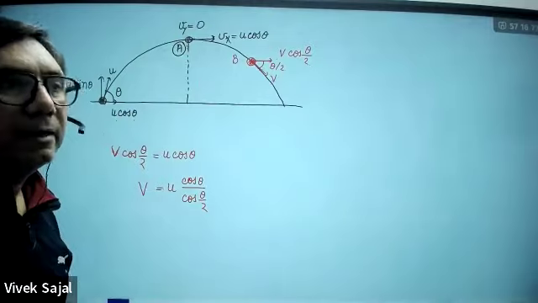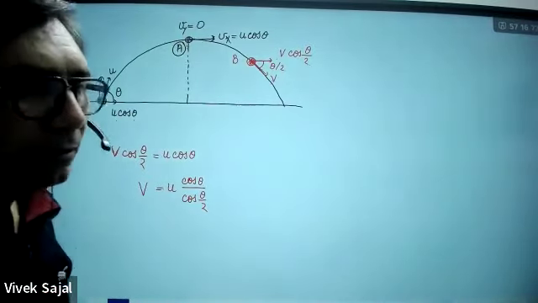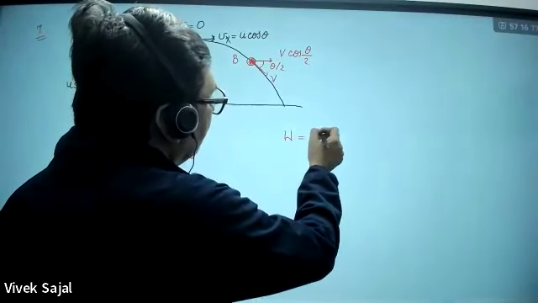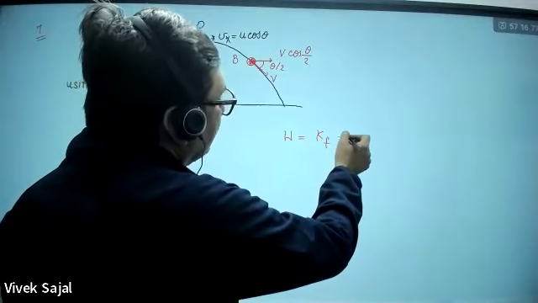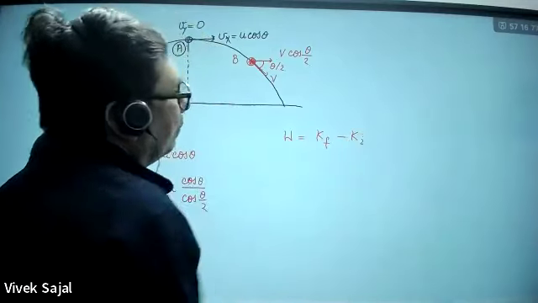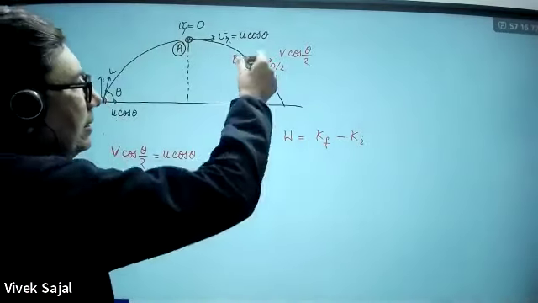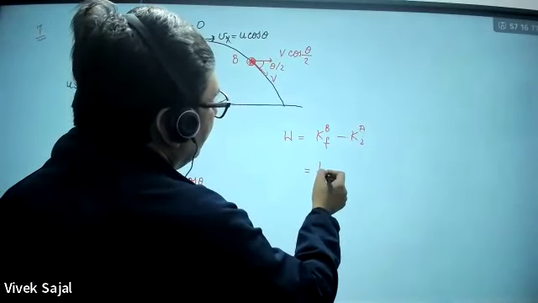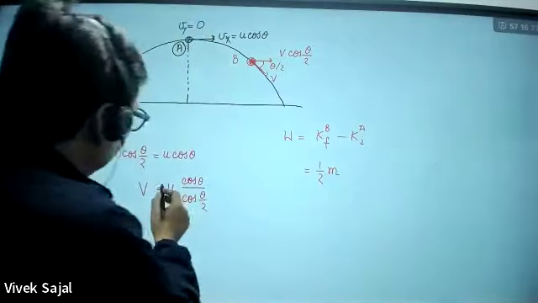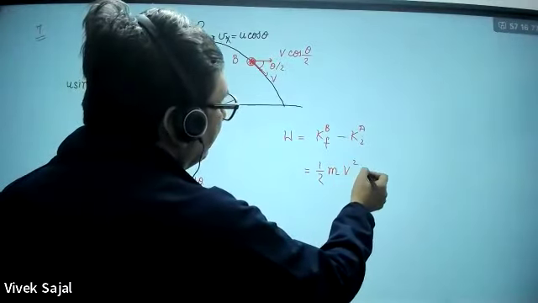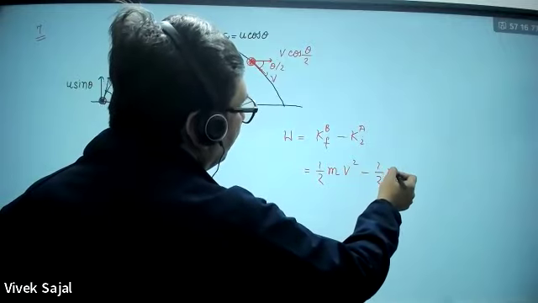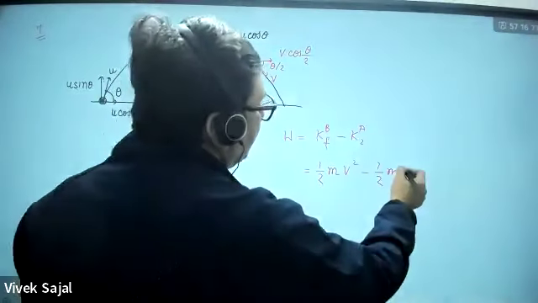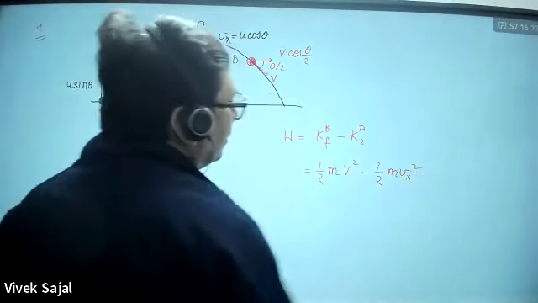Work done by the gravitational force will be the change in kinetic energy. If you remember, this will be Kf minus Ki. I covered this in the last to last class. What is the kinetic energy at point B? That will be 1 by 2 m V square, minus 1 by 2 m. At point A, only this U cos theta is there, so this will be Vx square.